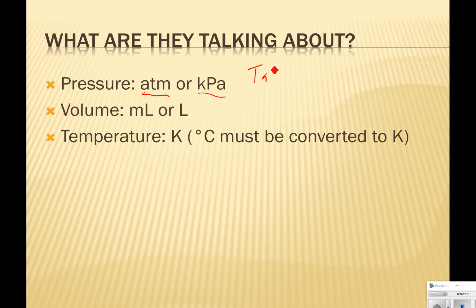And both of these are listed on Table A in your reference table. Volumes of gas, we're going to see in milliliters and liters. And temperature, we're going to see some in Celsius, but we're going to have to convert those to the Kelvin scale by adding or subtracting 273, depending which direction we're going.